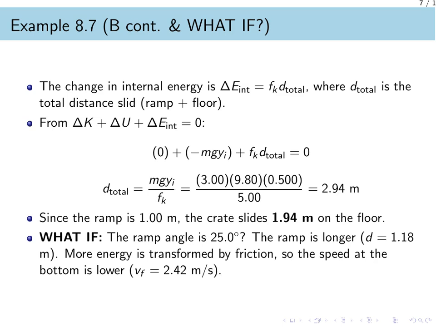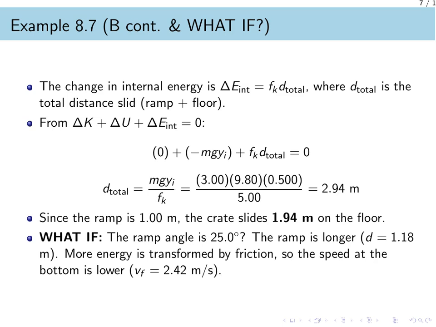This tells us that all the initial gravitational potential energy is transformed into internal energy by friction. Solving for d total, we get mgy initial divided by F sub k, which is 2.94 meters. Since the ramp was 1.00 meter long, the crate must slide 1.94 meters on the floor.